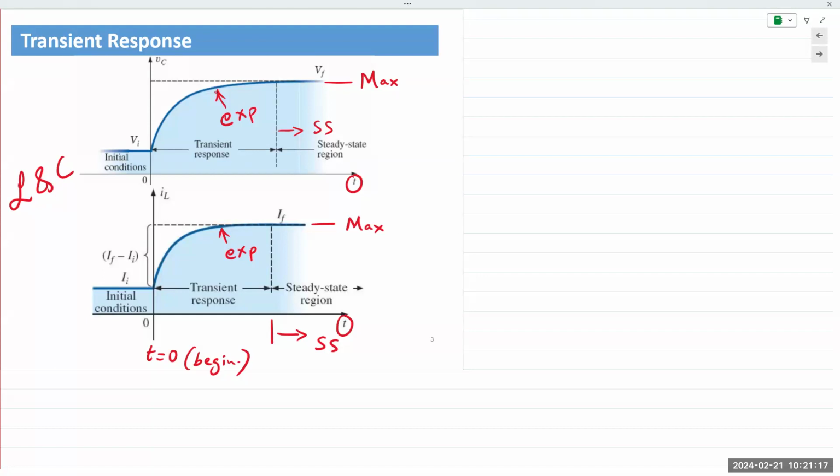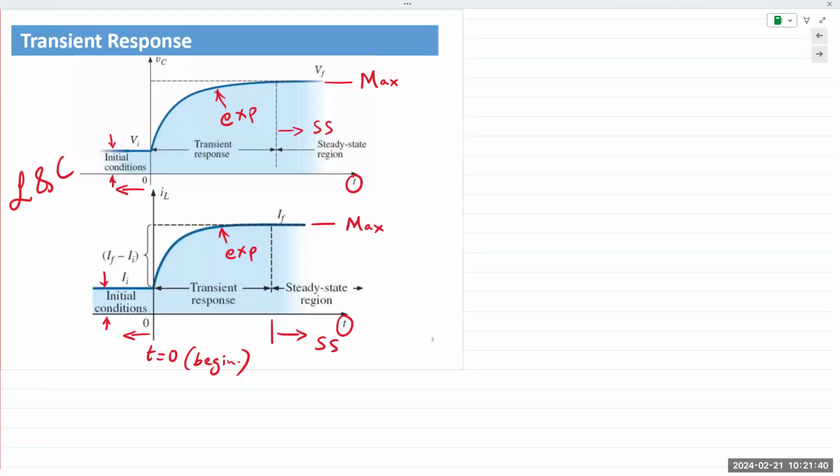And then, of course, the time before the application of the input, the voltage and the current is 0. Now, it may or may not always be 0, and that is what is indicated in this illustration. Okay.